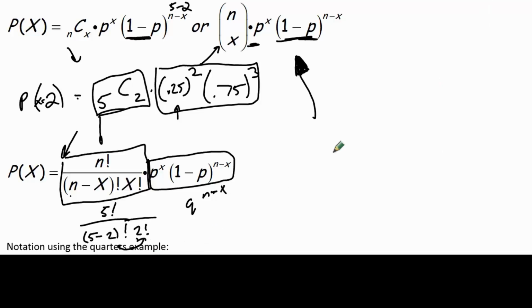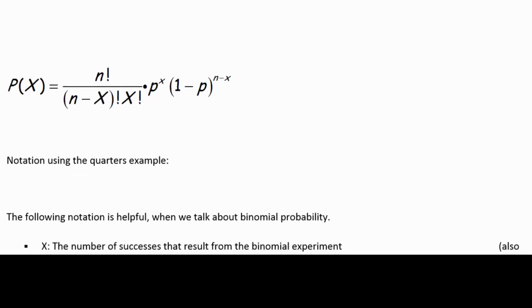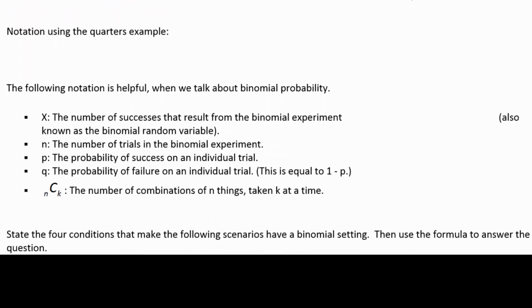Alright, so let's try the notation using the coordinates example, so I basically did that right here for us. So this will be our notation, but let me move this down the page a little bit. So probability that x equals 2, the best way would be we have 5 choose 2.